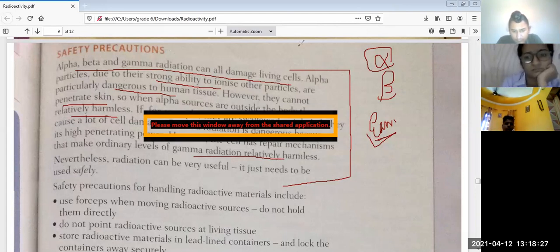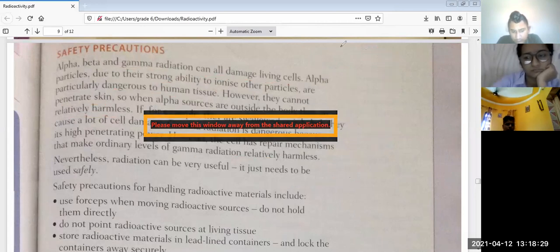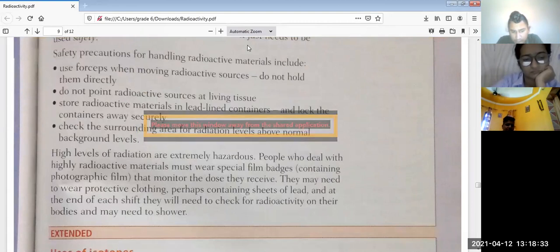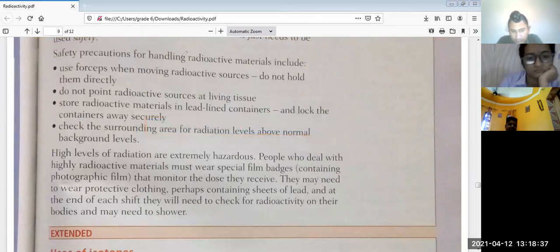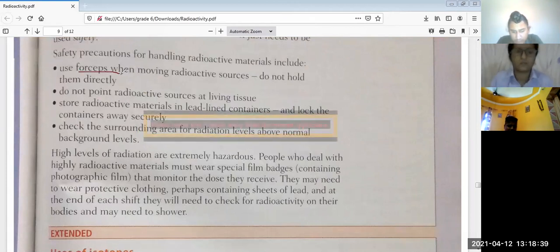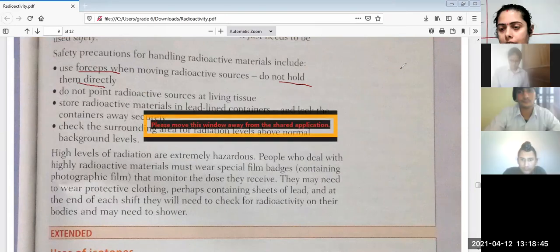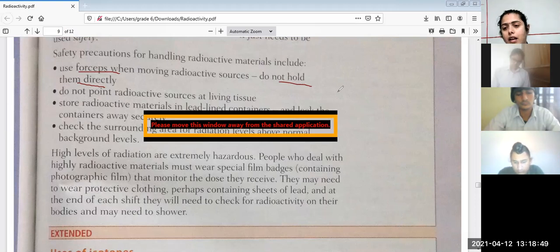Okay. Moving on to the safety precautions which we can have for this. So the first safety measure is to use forceps to handle it. Don't hold them directly. Don't hold any radioactive substance directly, because they emit radiations and the radiations are very harmful to you.